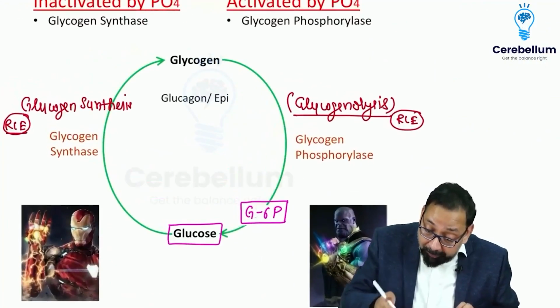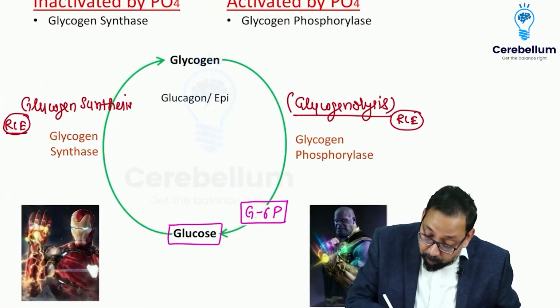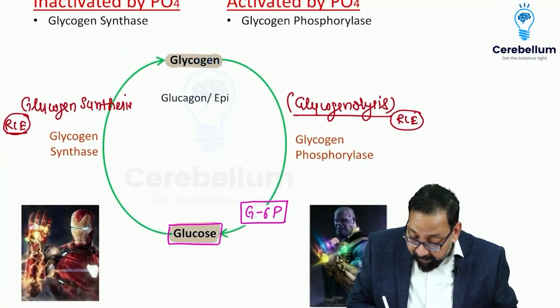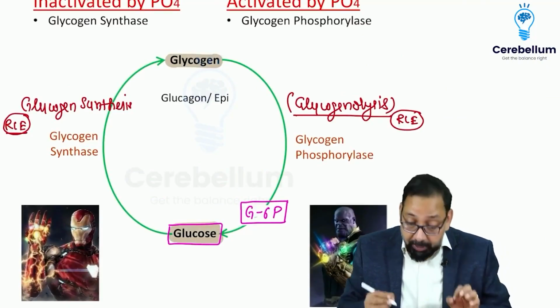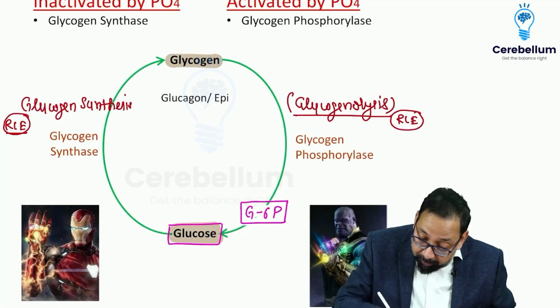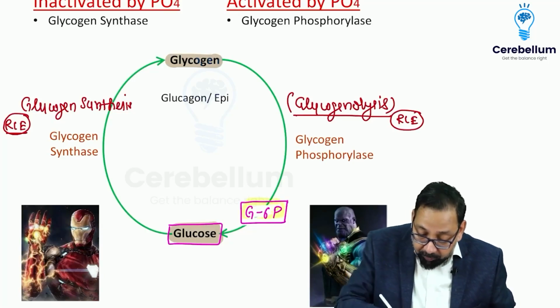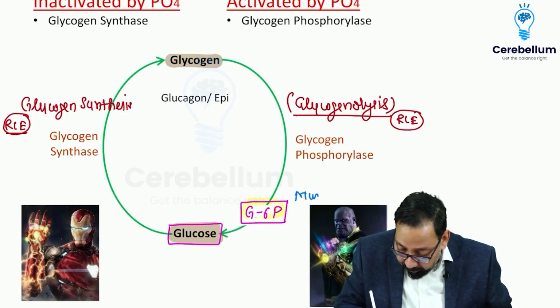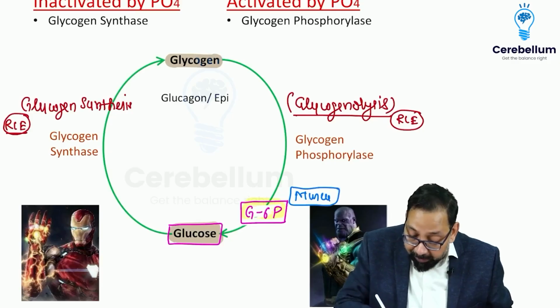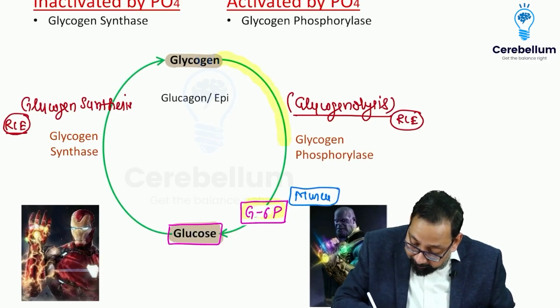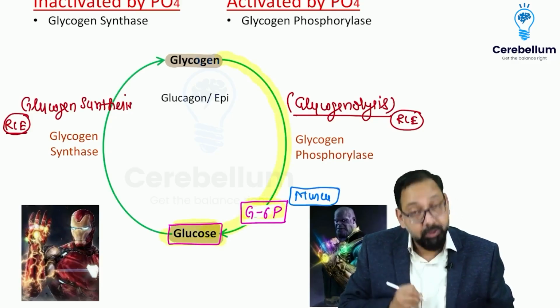We all know that glycogen is broken down to glucose, that is glycogenolysis. In muscle, when glycogen is broken down, the end product is glucose 6-phosphate. But in liver, when glycogen is broken down, the end product is glucose.